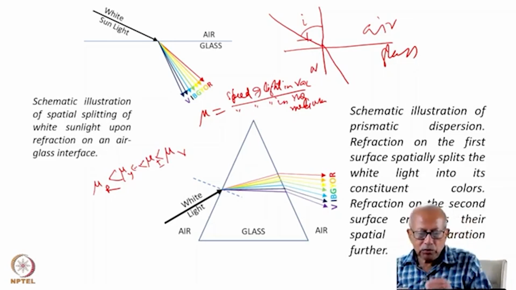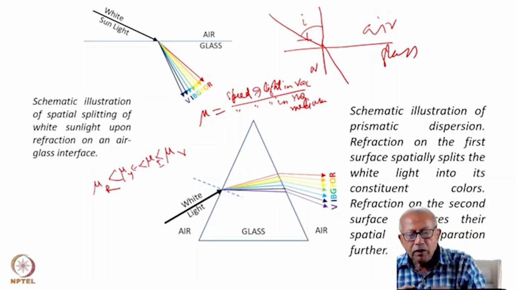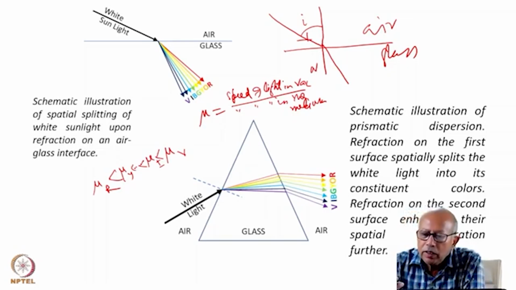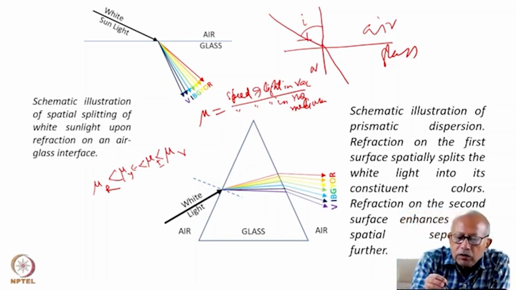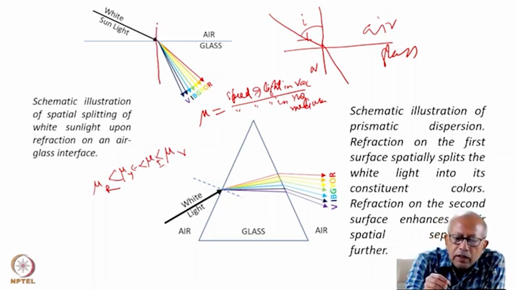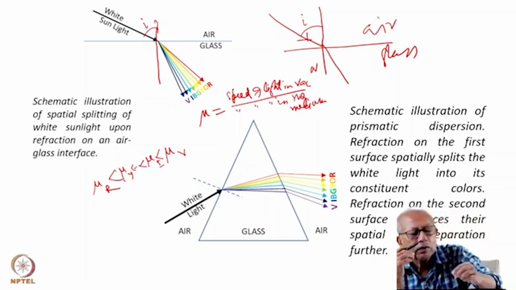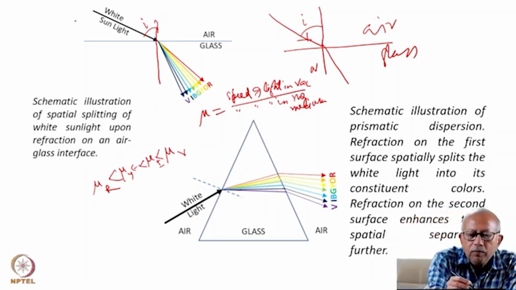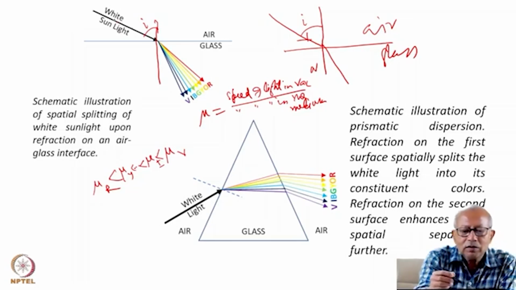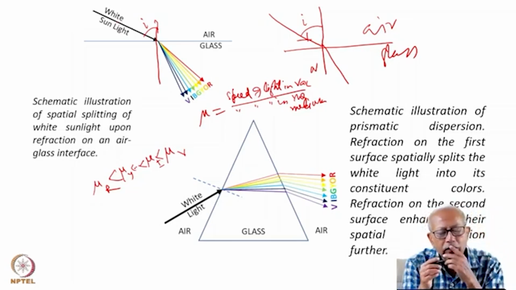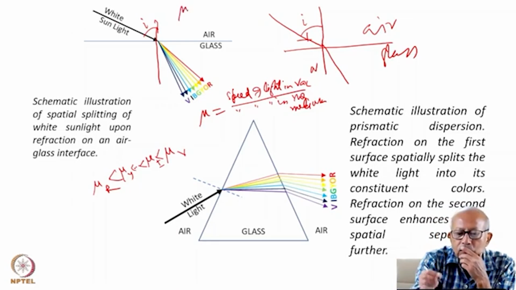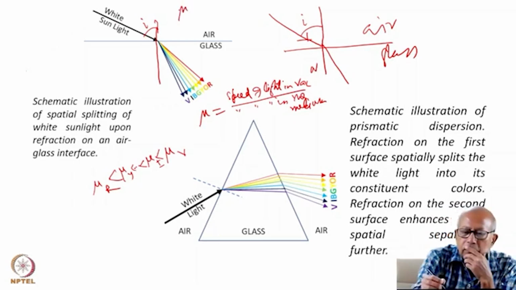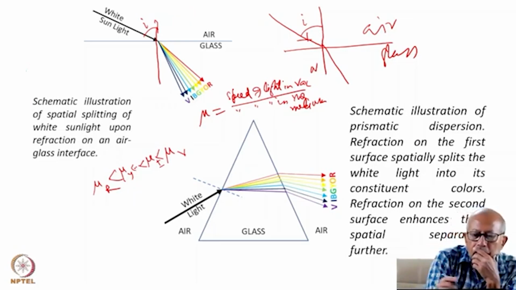So now we will be able to explain dispersion of light. Let us get back to this figure. This is the angle of incidence for the white light. That means all the colors are together and they have made an angle of incidence i. Now we know Snell's law. Take this as 1 and this as mu.